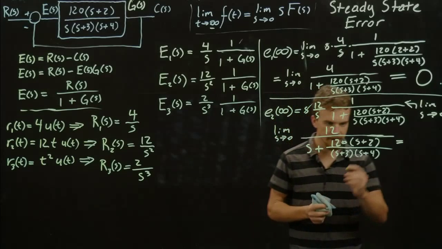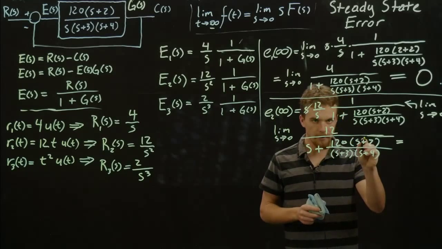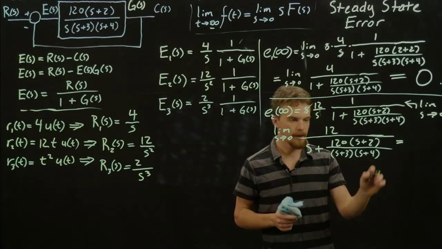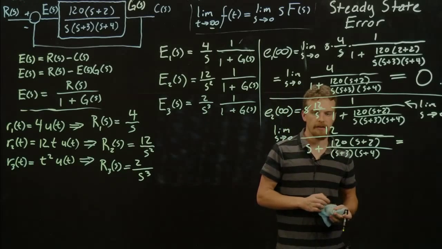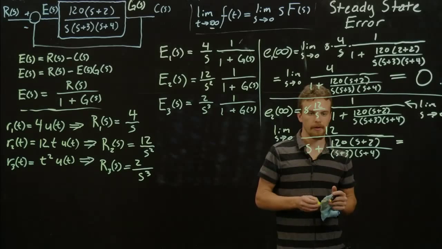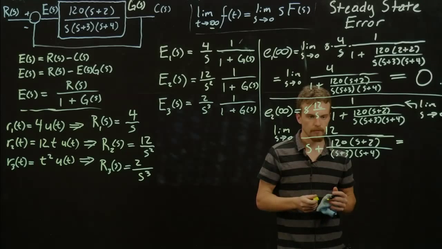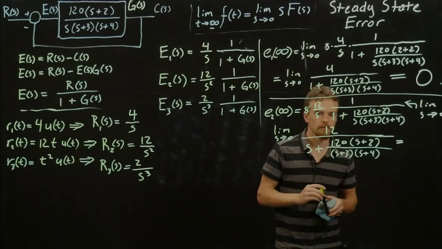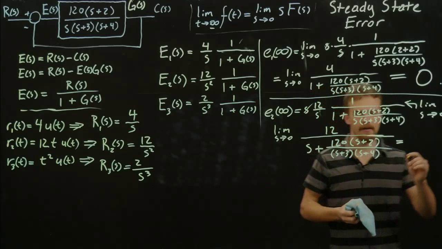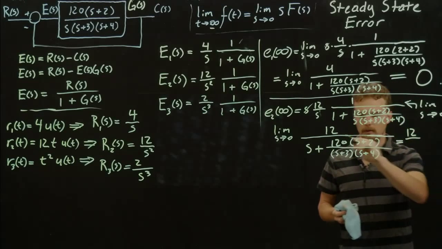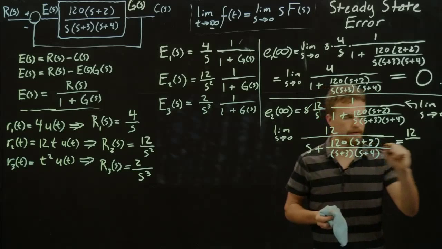Now, as these s's go to 0, this term becomes 2, this term becomes 3, and this term becomes 4. So we have no other terms that completely disappear. So we'll have a finite value, right? So this term simplifies to 12 over 20.